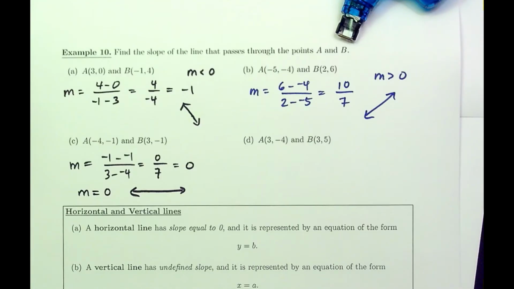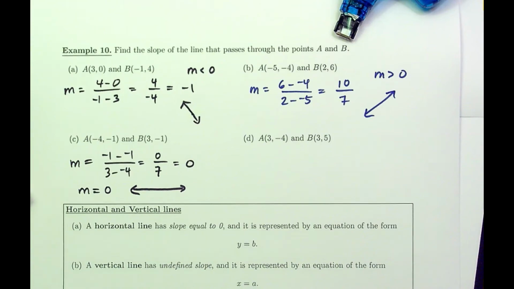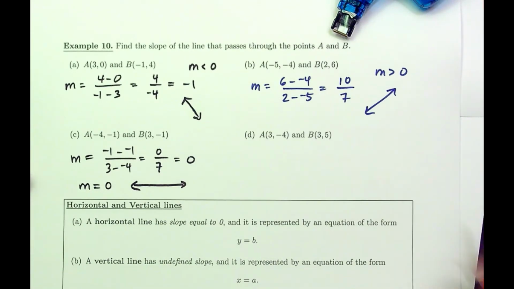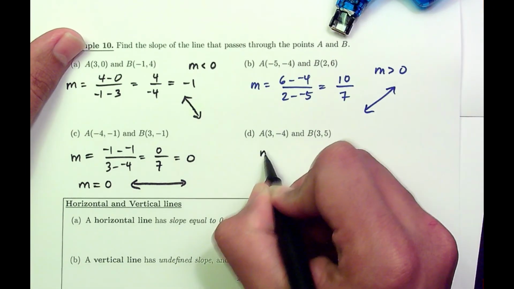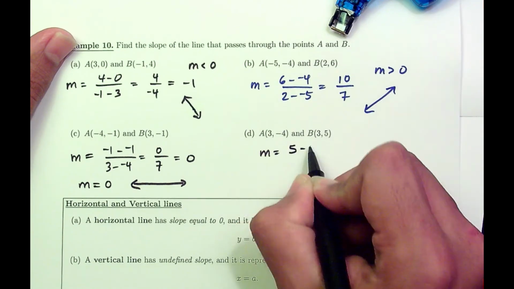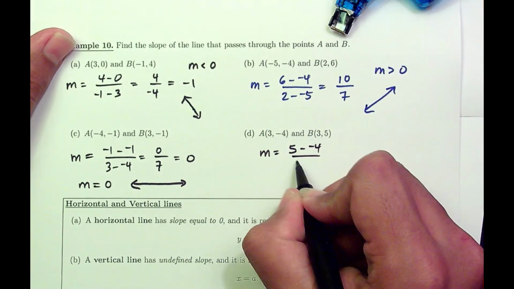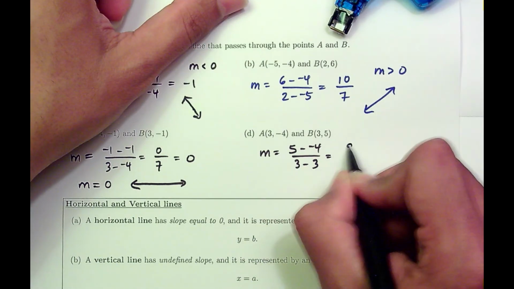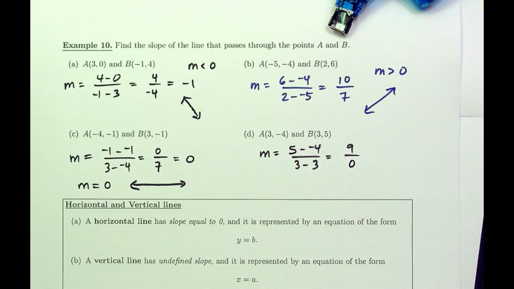And let's do the very last one. This is going to be m equals, subtract the y's, so 5 minus negative 4, over 3 minus 3. This is 9 over 0, and of course you cannot divide by 0. This is undefined.